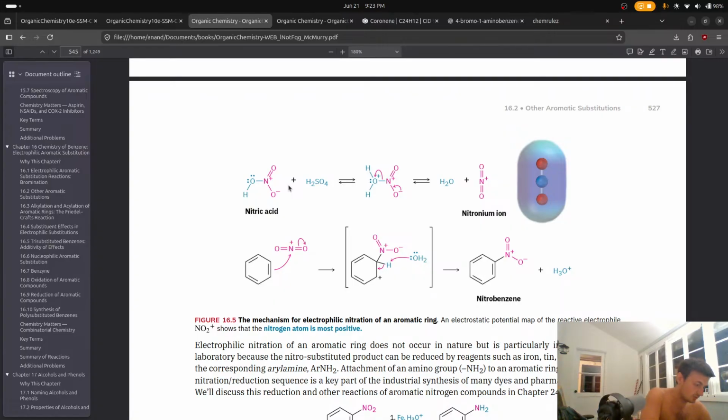So then water, H2O, comes and takes this proton, and the electrons go back into the system, and we're left with a nitrated benzene, nitrobenzene. And acid. All right, that's pretty neat.